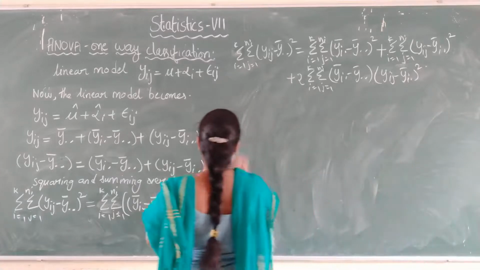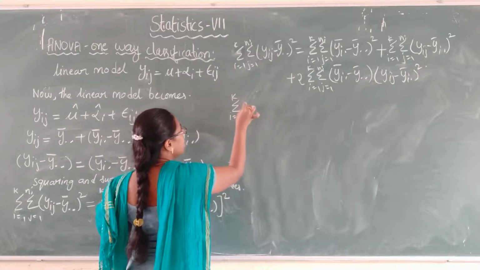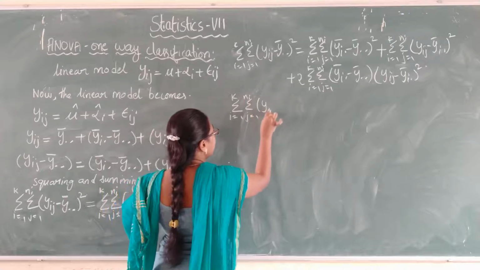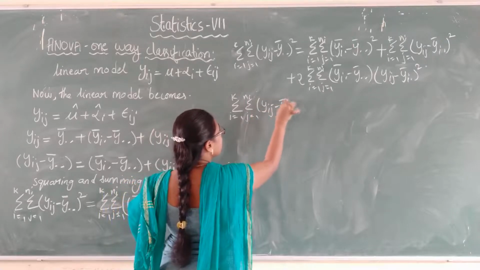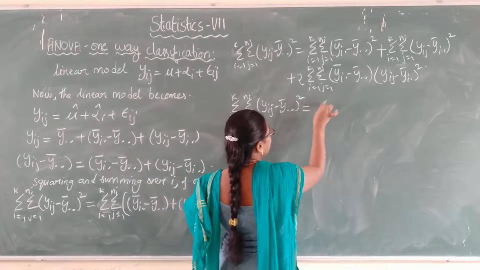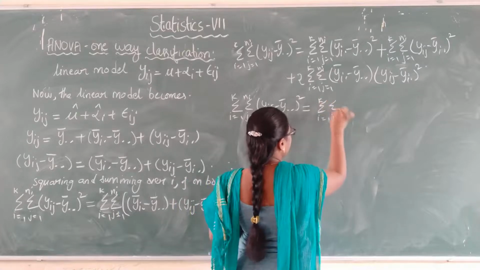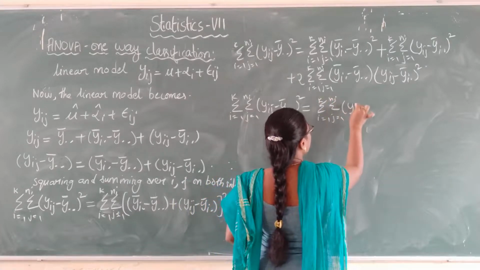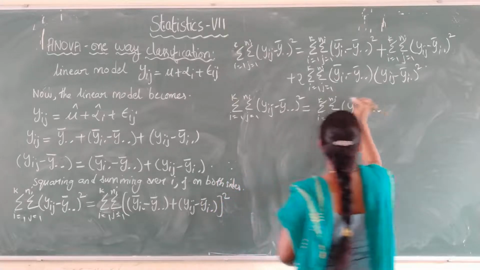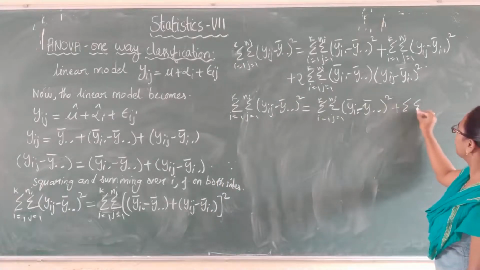Now we will simplify this one. LHS will be as it is. Summation i equals 1 to k, summation j equals 1 to ni, yij minus y double dot bar whole square equals, write these two terms as it is, the first term, the second term also as it is.